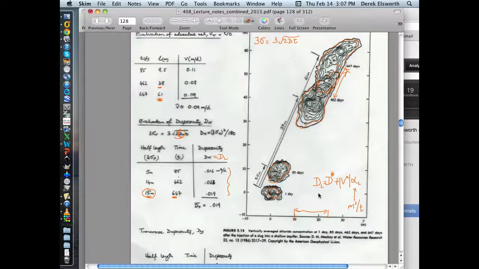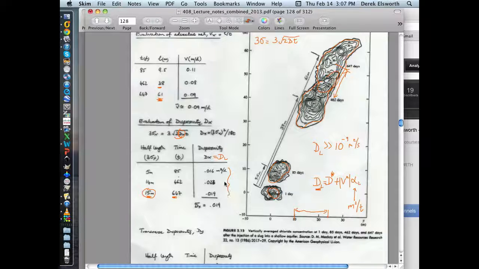So the point is that we've got a value for this. We'd like to deconvolve it from these two different parameters which we don't know. The only way we can, for instance, exclude this is if our value for dl, dispersion, is very much bigger than the value we expect for this, which might be, we've said, of the order of 10 to the minus 9 meters squared per second.